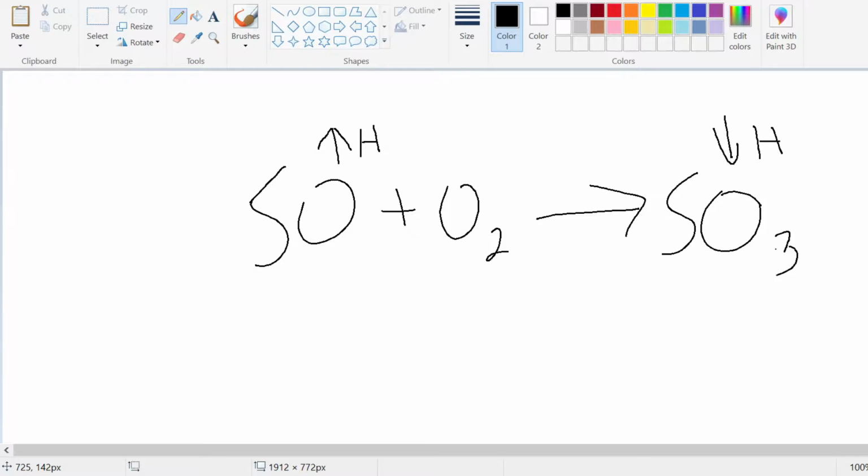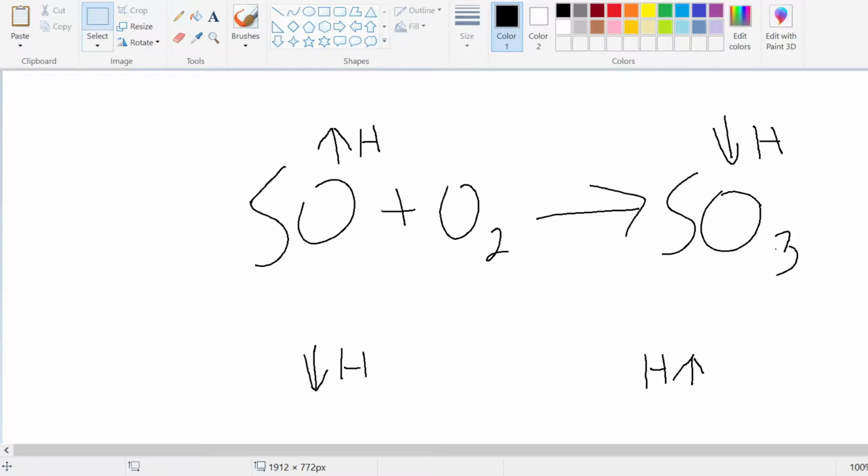So now this is your main focus right here: heat up on the left side, heat down on the right. And that's because this is an exothermic process. If it was endothermic, it would be heat down, heat up. Okay, it'd be the opposite.